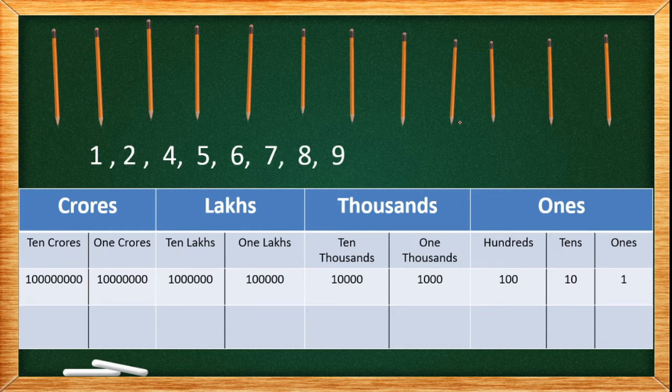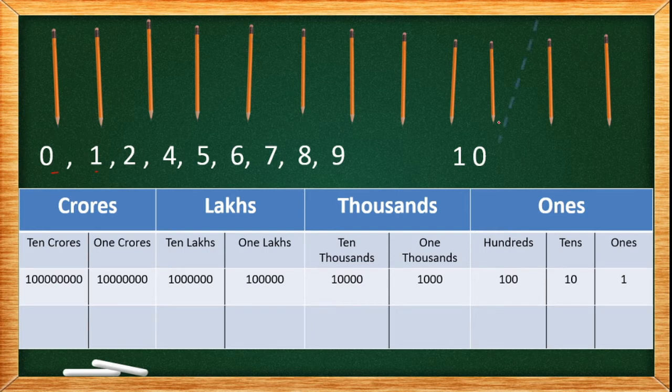But since it has no value, we can't use 0 to count as a single digit. But when it joins with another digit, it has value. So, for the next number, we will join 1 and 0. We will get 1, 0, that is 10.